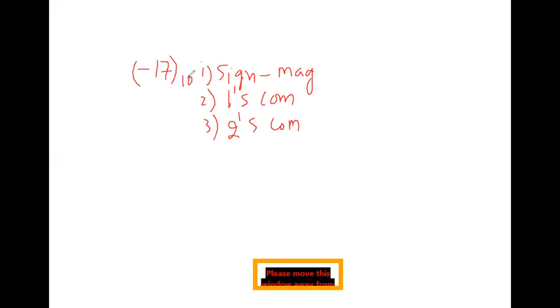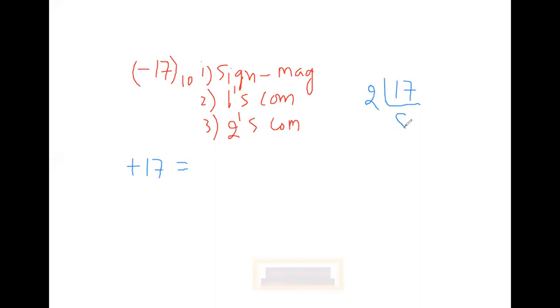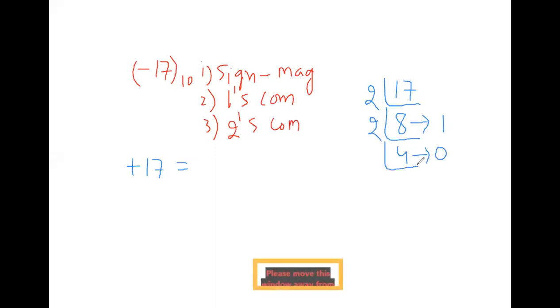So what you have to do is first find out plus 17. You know how to convert decimal to binary. Divide by 2: 17 by 2 gives 8 remainder 1, 8 by 2 gives 4 remainder 0, 4 by 2 gives 2 remainder 0, 2 by 2 gives 1 remainder 0.